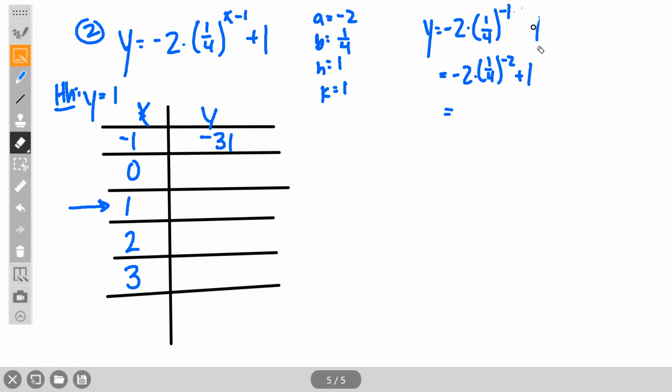Okay, let's plug in 0. 0 minus 1 plus 1, negative 1 plus 1. Let's put that into the calculator. So 1/4 to the negative 1 power times negative 2, plus 1, negative 7.